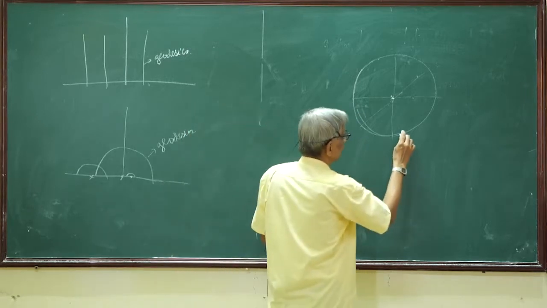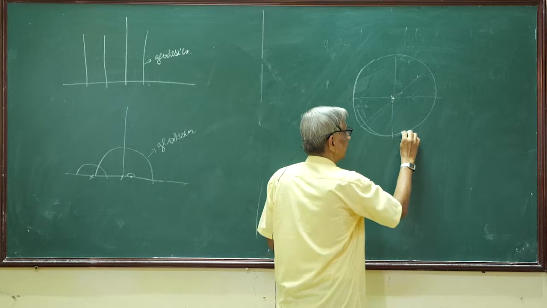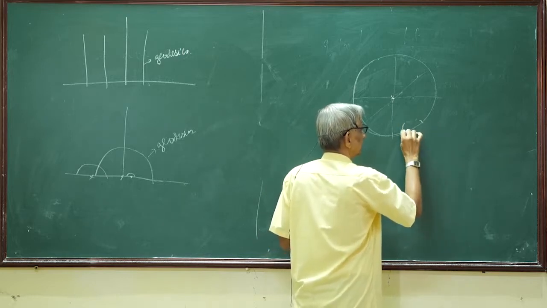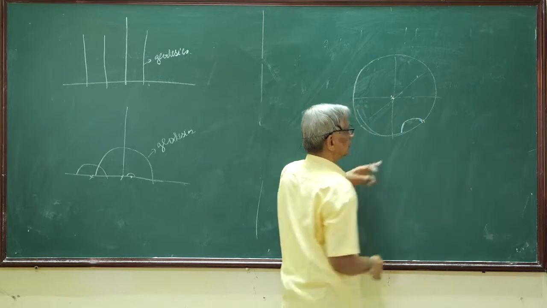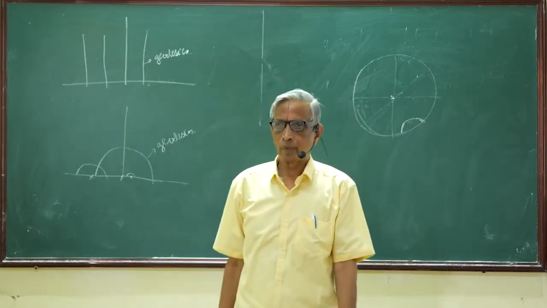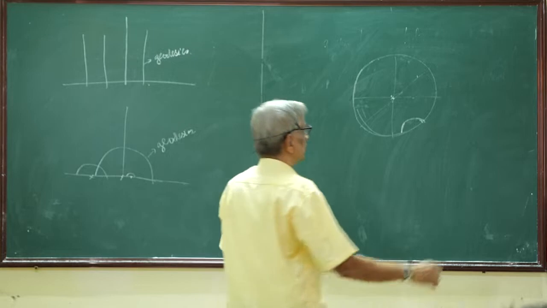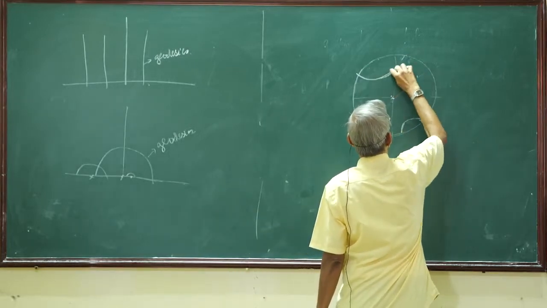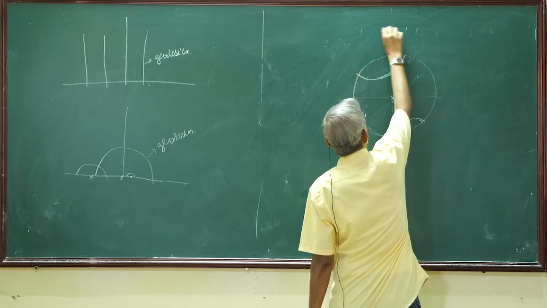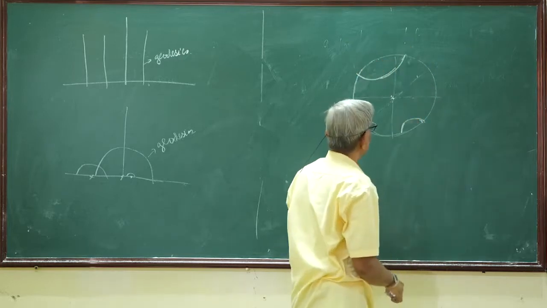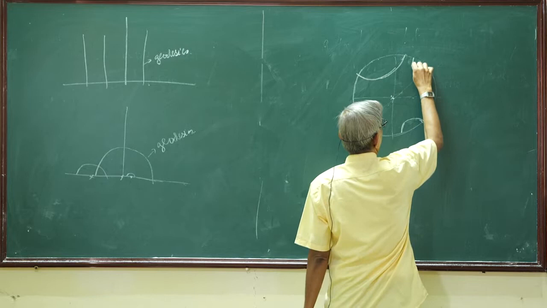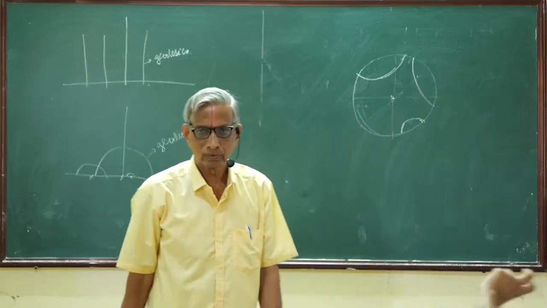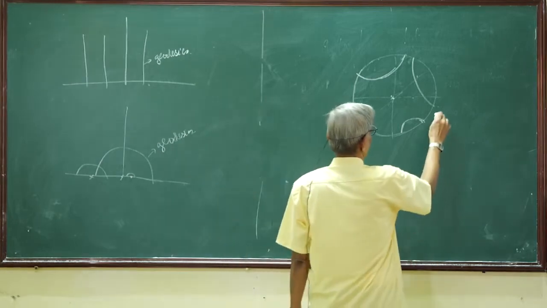But in addition, you have circles orthogonal to a boundary circle. Circular arcs of circles which cut this orthogonally. So these are all again geodesics.